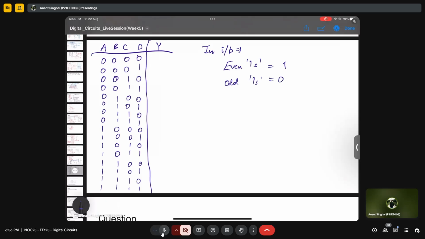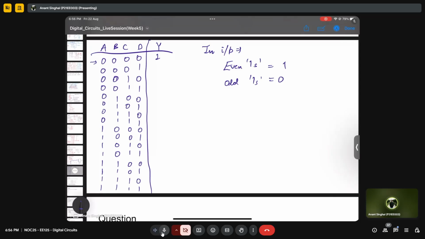Why? Because let's say this input has 0 ones basically. So if this bit is 1, then the overall output has an odd number of ones. Hence, whenever the input has an even number of ones, the output is 1, and when the input has an odd number of ones, the output is 0. This is what I told in the last class also.